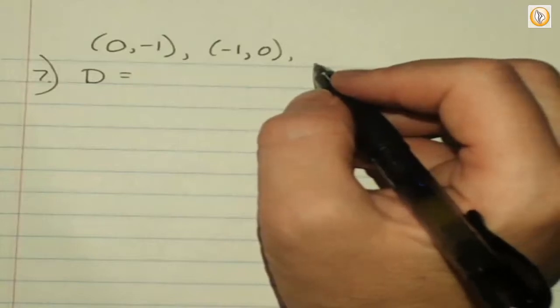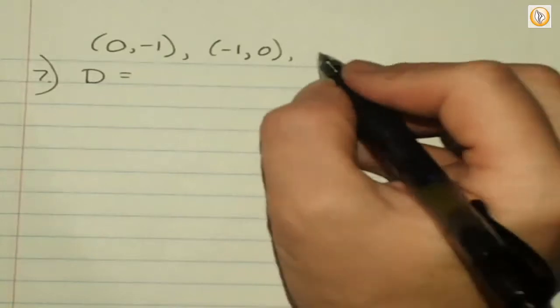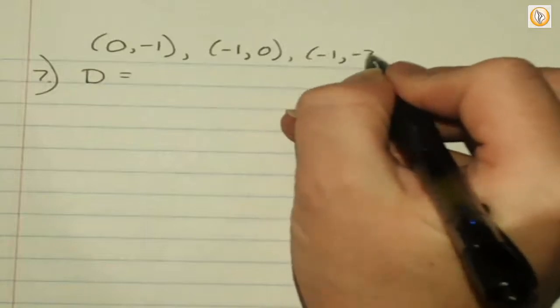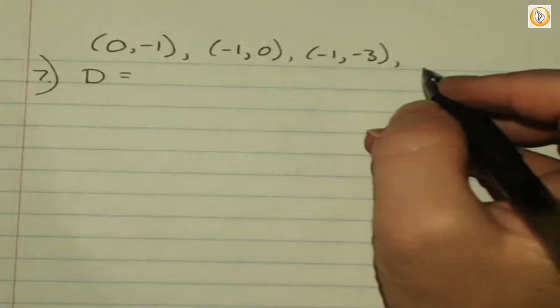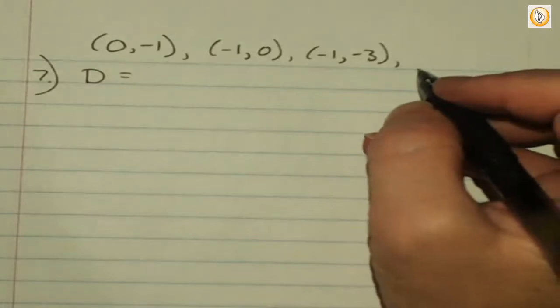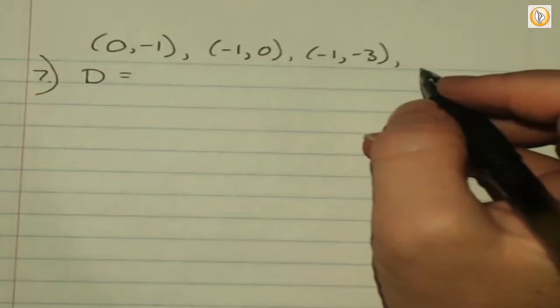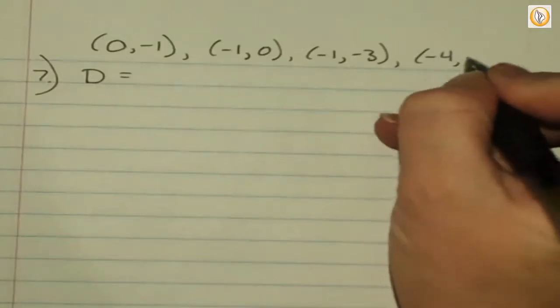Michael? -1 and -3. Someone else that hasn't answered? I have 3 more dots. Gabby? -4 and -2. Yep, -4 and -2.